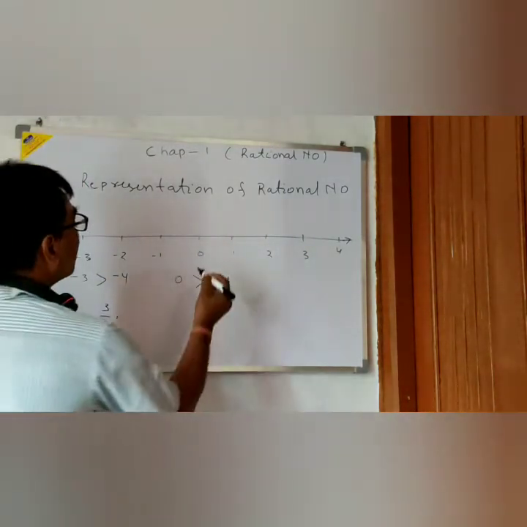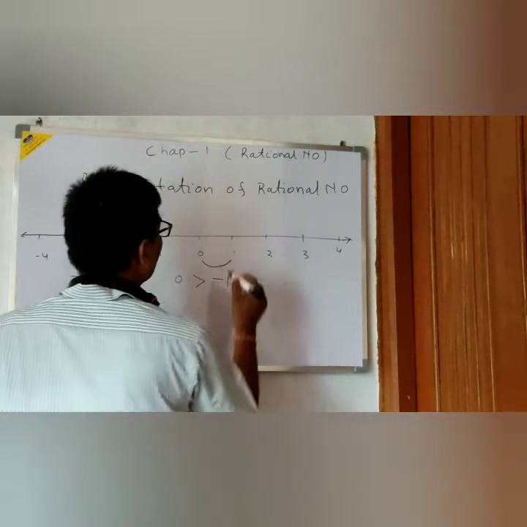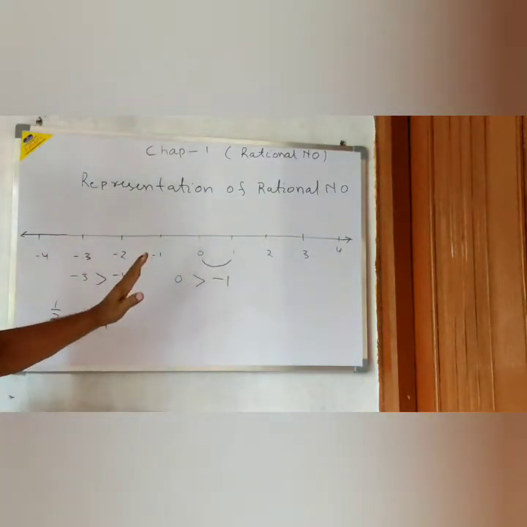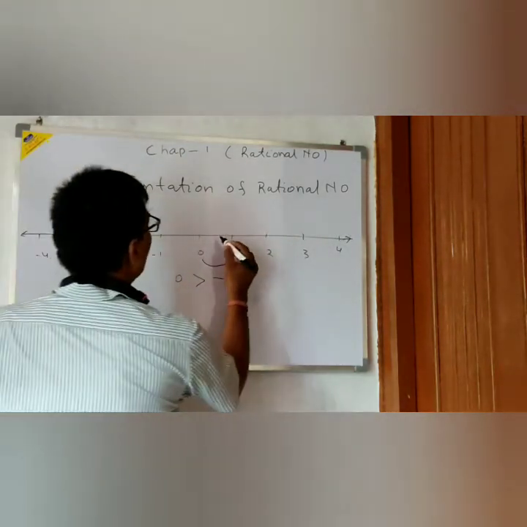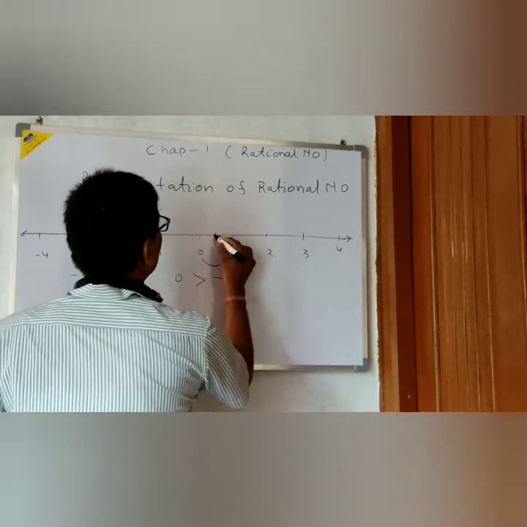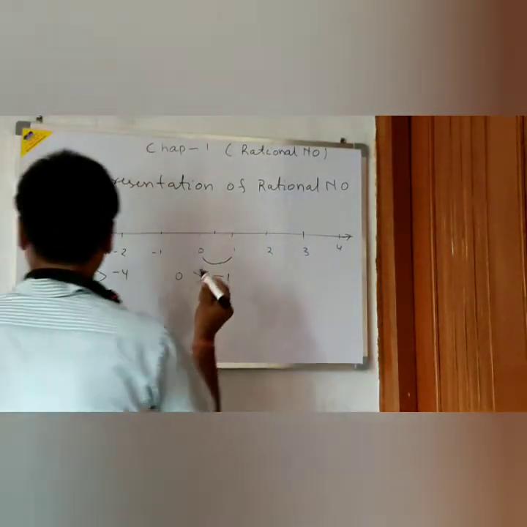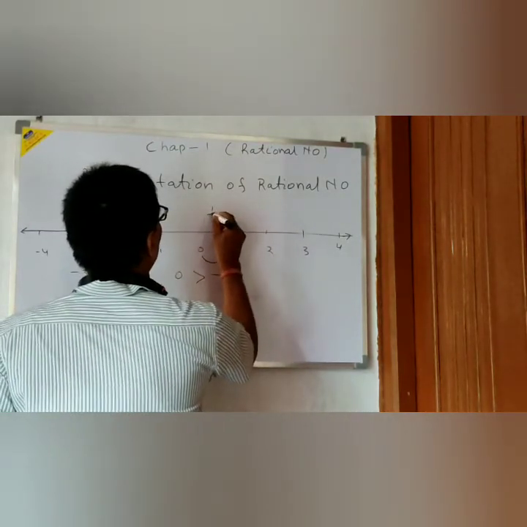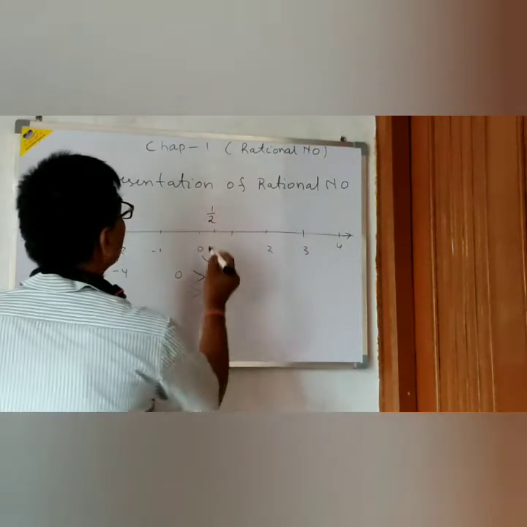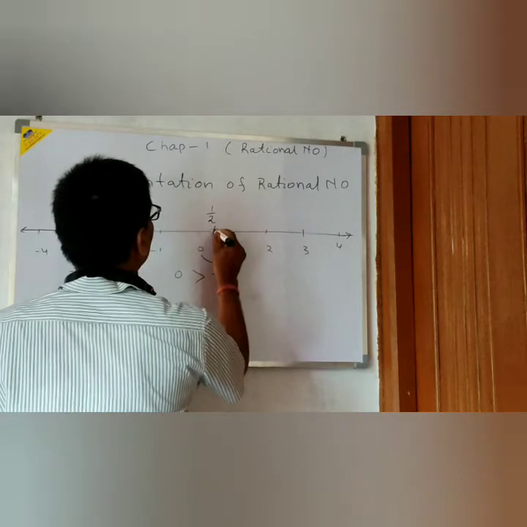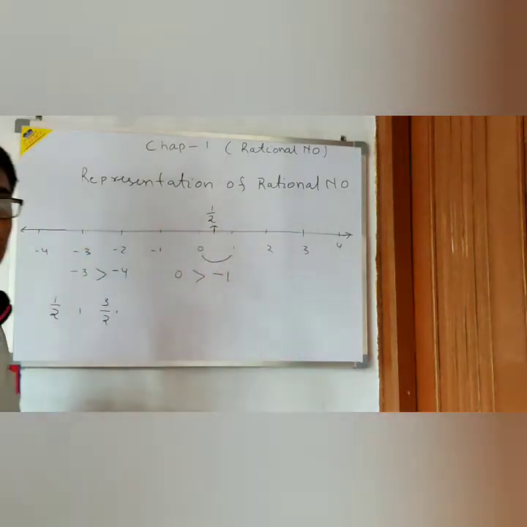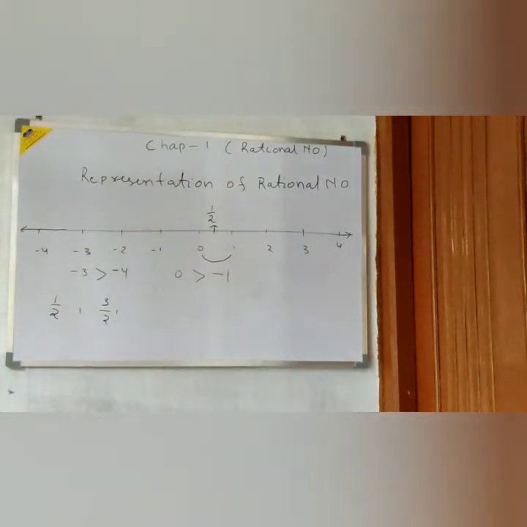Here this is 1 and half of it. How many parts? 2. Take a point in the middle between 0 and 1. You get 1 by 2. This is the representation of 1 by 2 on the number line. Clear?